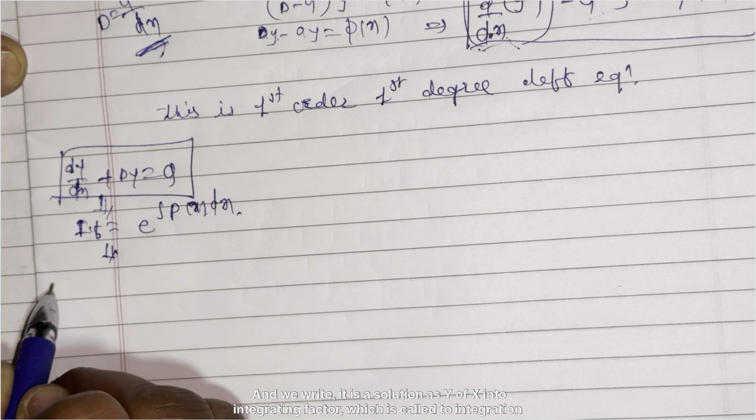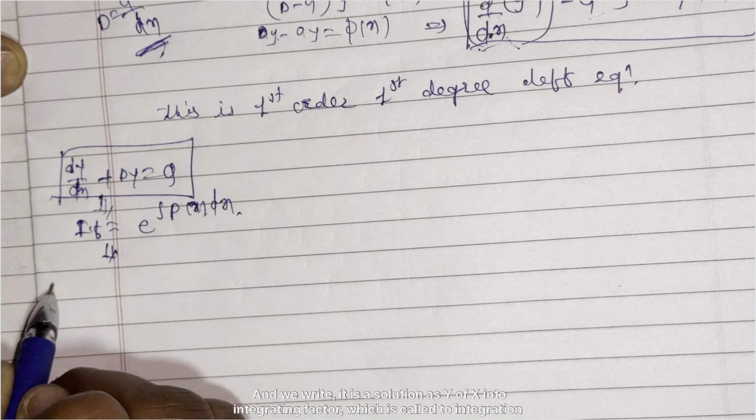Let me explain how I have written this step. When it is a multiplicand here and we take it to the other side, it goes to the denominator, and a negative power in the denominator becomes a positive power in the numerator.